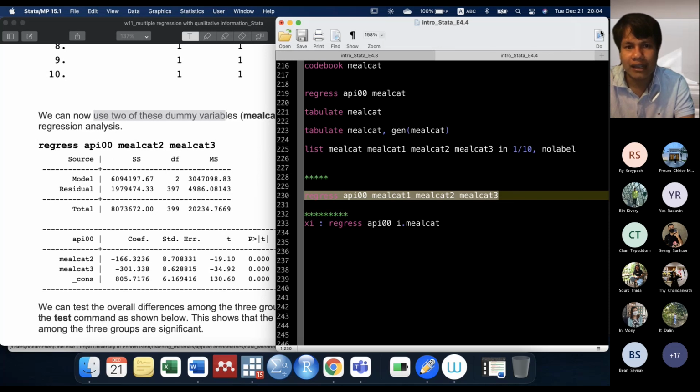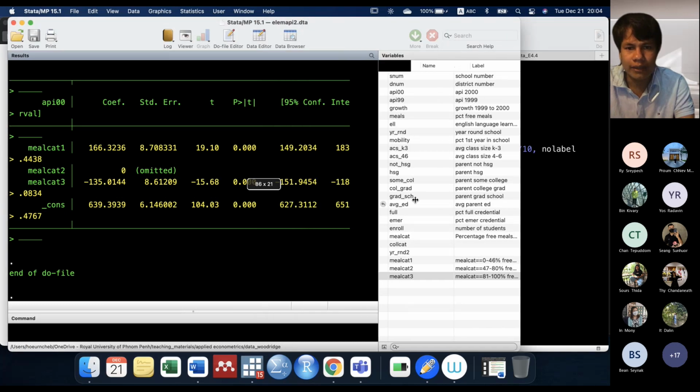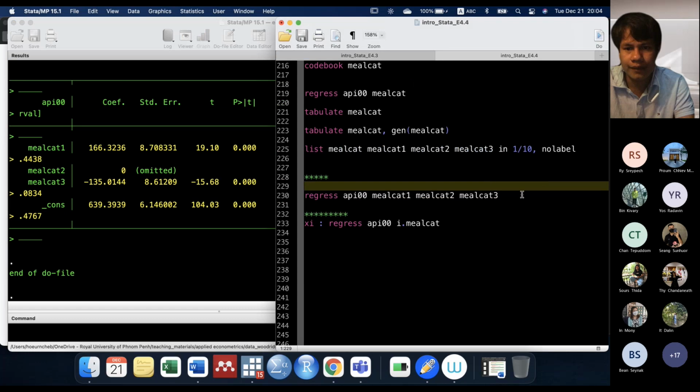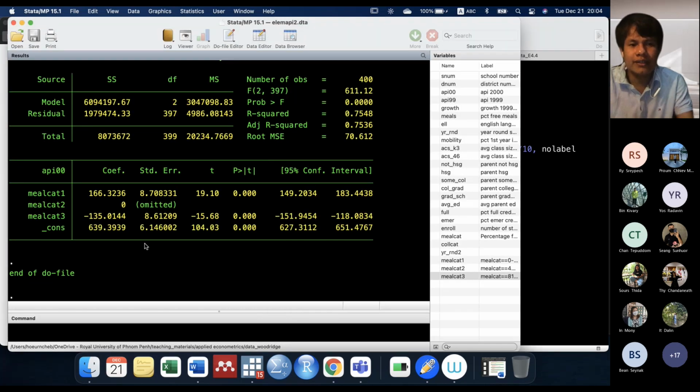Can you follow me? I click regress and look at the result. It's too small, so let me enlarge it a little bit and run it again. You see what happens?